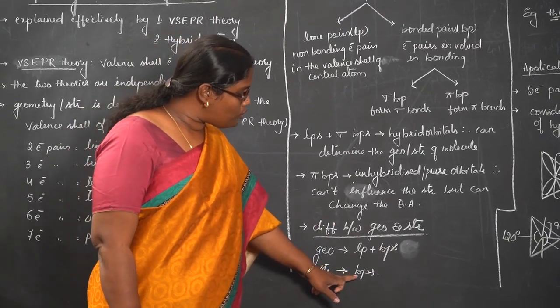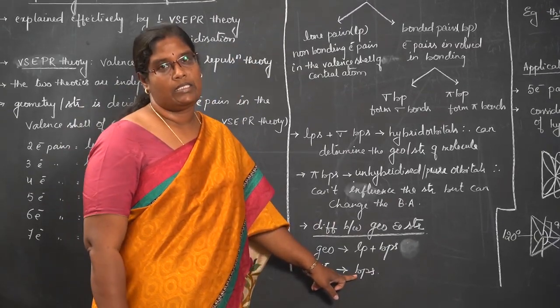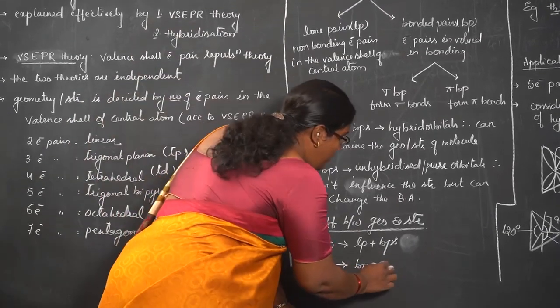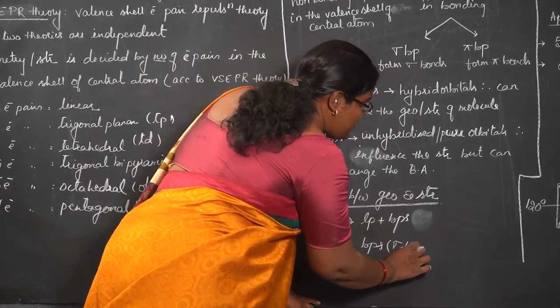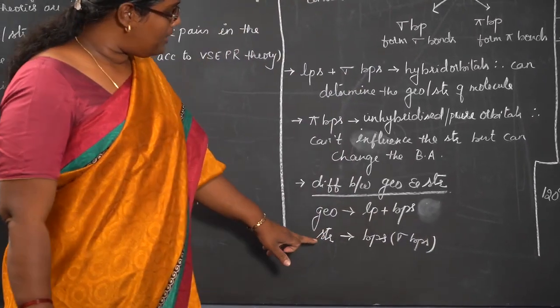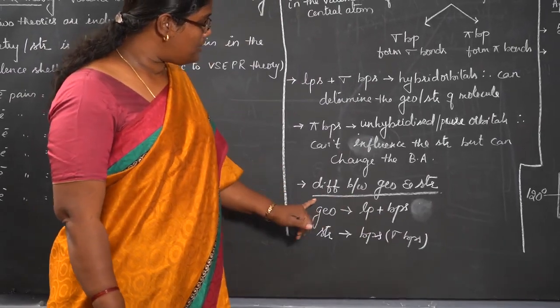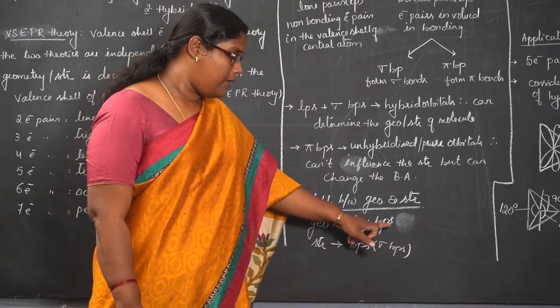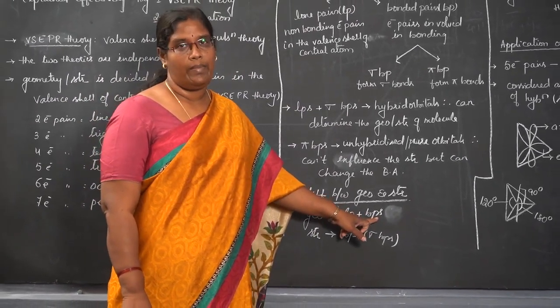Structure includes only the bonded pairs, and that too, only the sigma bonded pairs. Structure is determined with bonded pairs. Geometry, we determine with both lone pairs and bonded pairs.